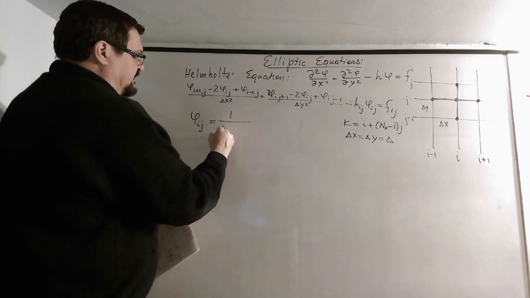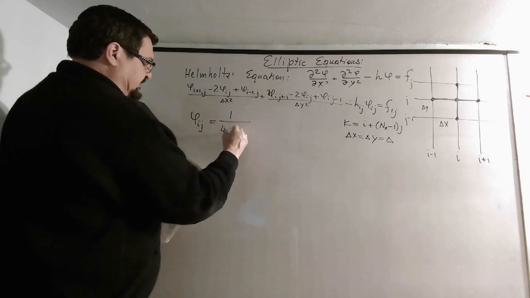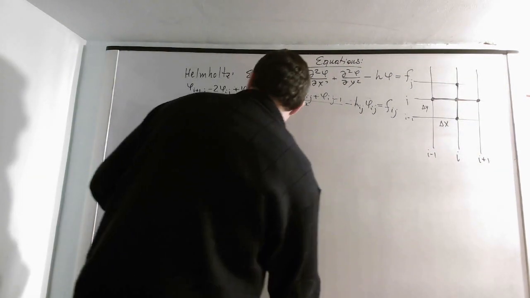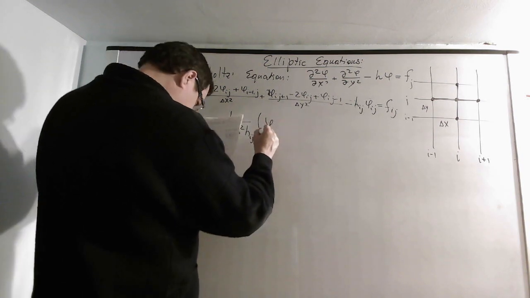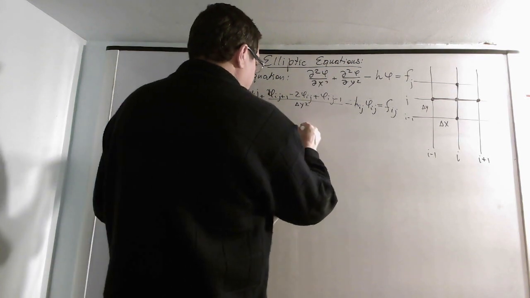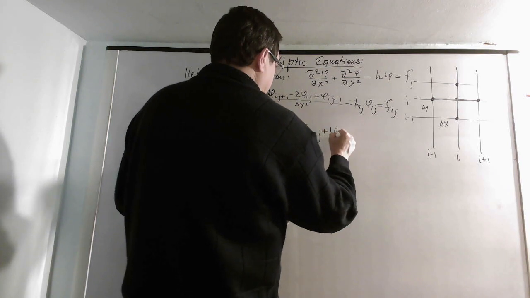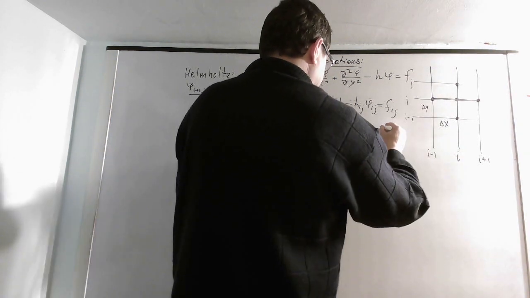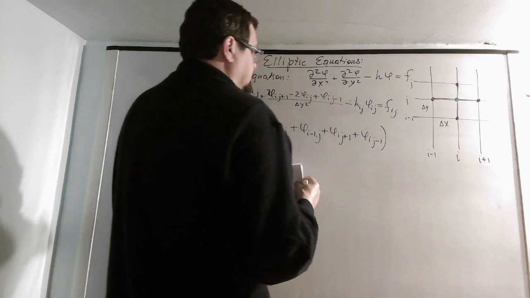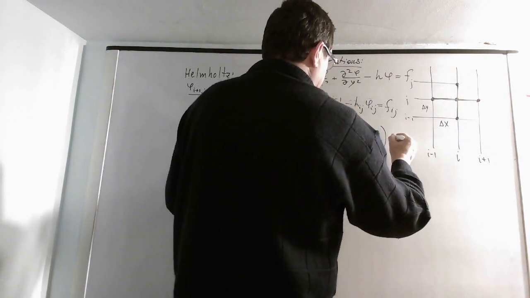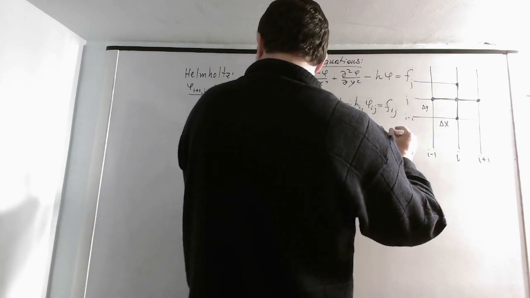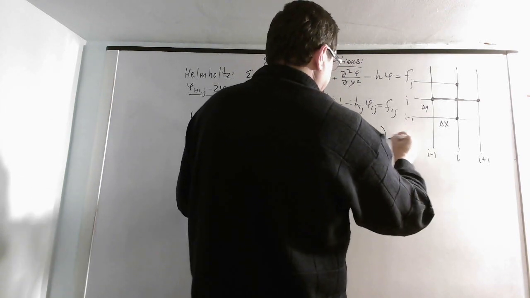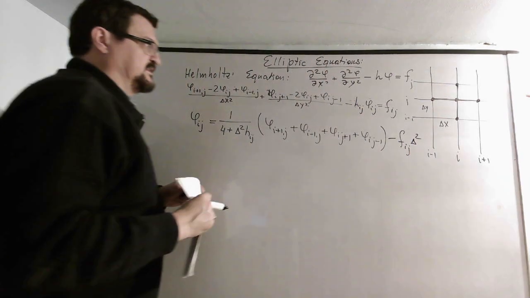So it's 1 divided by 4 times delta squared h ij, and here is going to be our phi i plus 1 j plus phi i minus 1 j plus phi i j plus 1 plus phi i j minus 1, minus F ij times delta squared. That should be something like that.